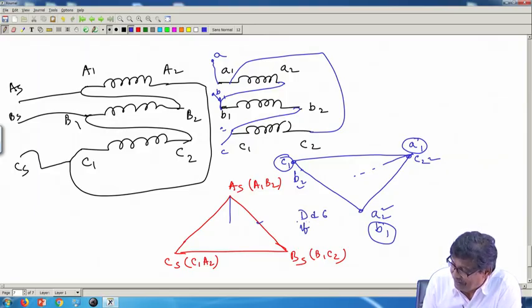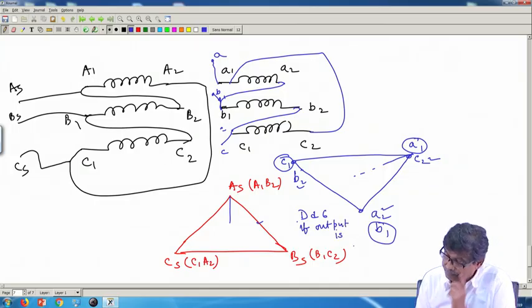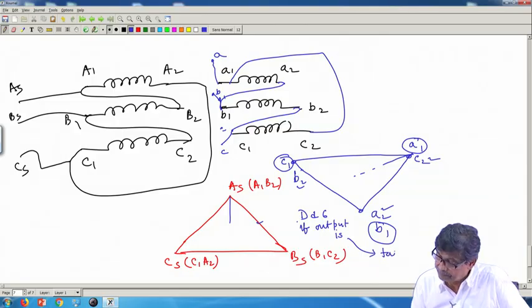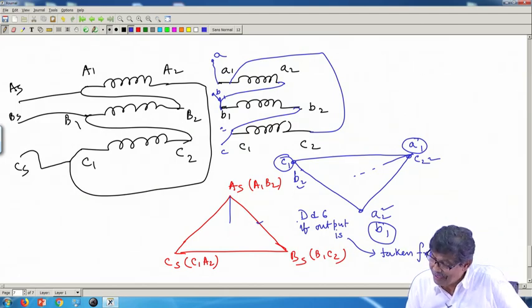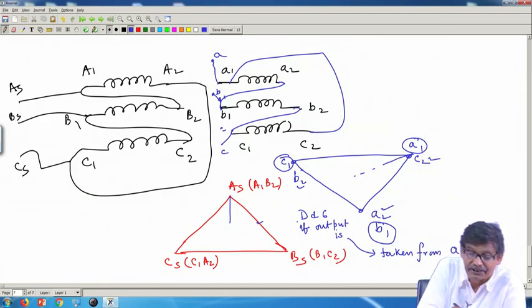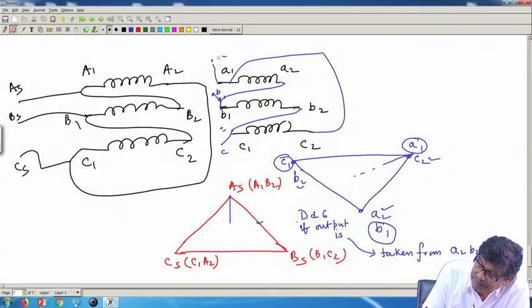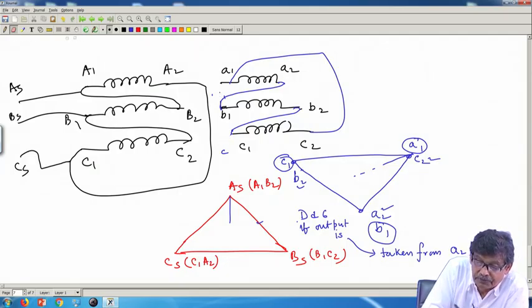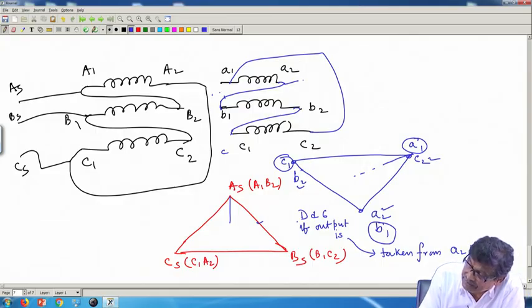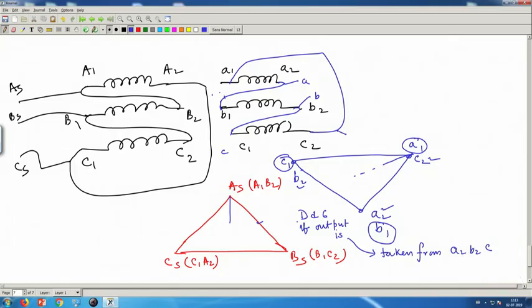If the output is taken from A2, B2, C2 instead of this one, that is, you take the output from, say, this you call A, this you call B, this you call C. In this case you can compromise a bit, but not that much.